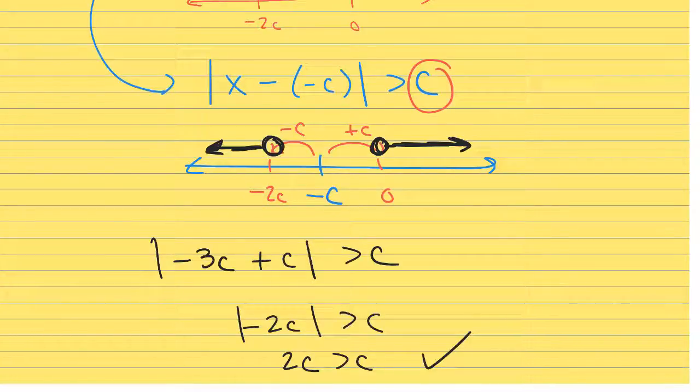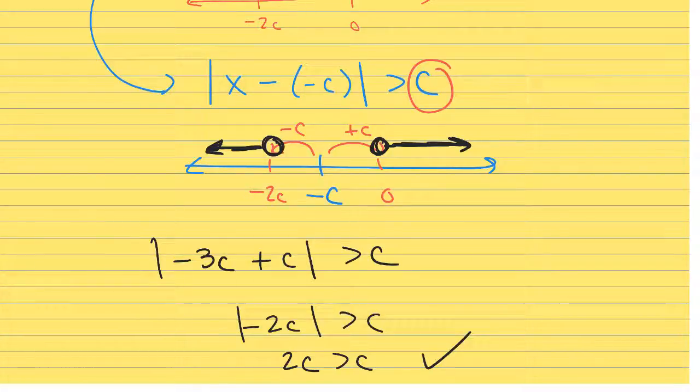Now, the only problem that we're going to run into here, let me just think for a second. We were told that c is a negative number, right? Oh no, we're told that c is a positive number to start. It can't be a negative number, okay. Because I'm thinking if c could be a positive or a negative number, it would affect our answer, correct?